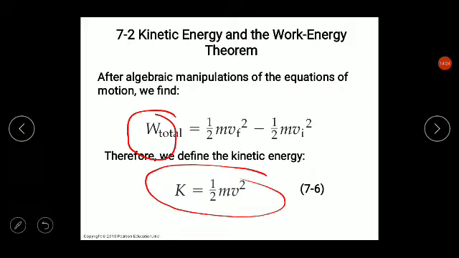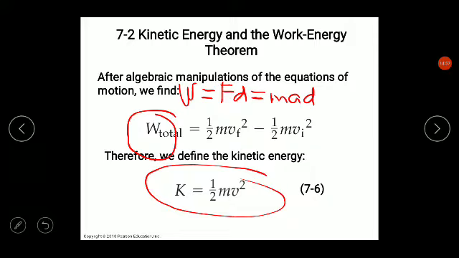Now if you're going to look at the work, work is equal to force times displacement, or delta x. Force, we can have this one as m a times d.